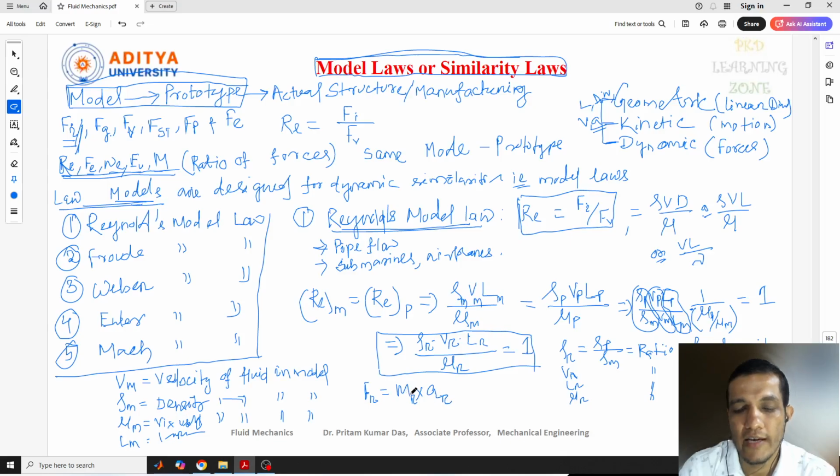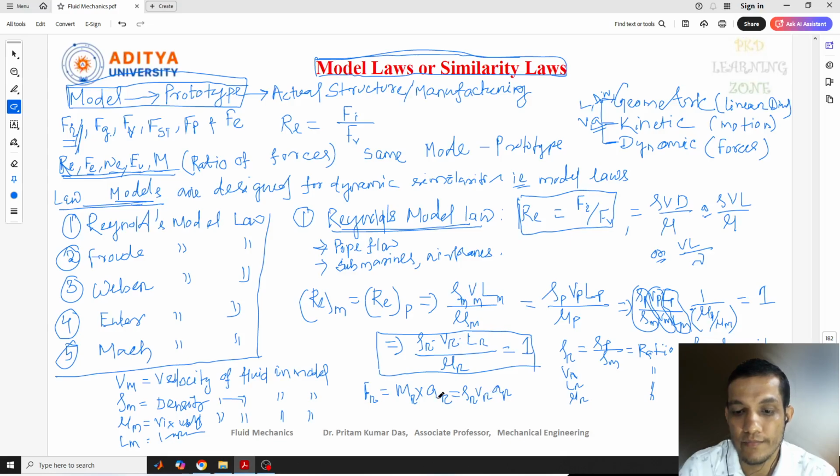For mass, we know density equals mass by volume, so mass equals rho into v. So again we can write rho r, vr, and ar.